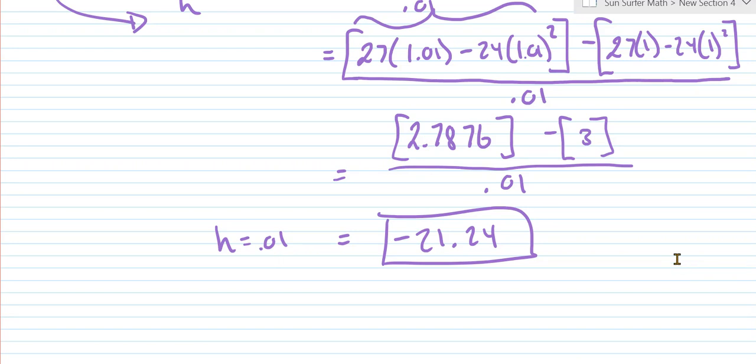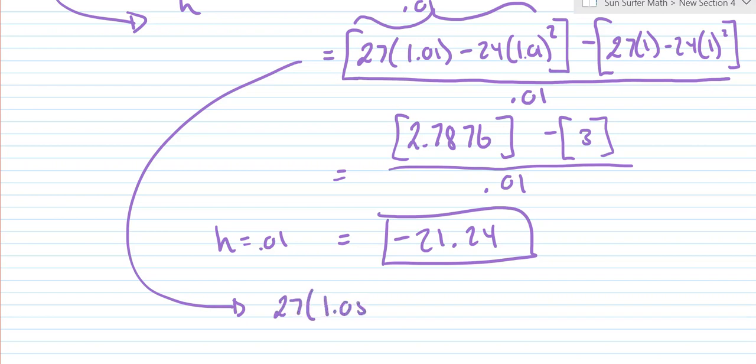Now, to do it when h is equal to 0.05, we simply redo this part. So we're going to have 27 times 1.05. This is when h is equal to 0.05 now. Minus 24 times 1.05 squared.